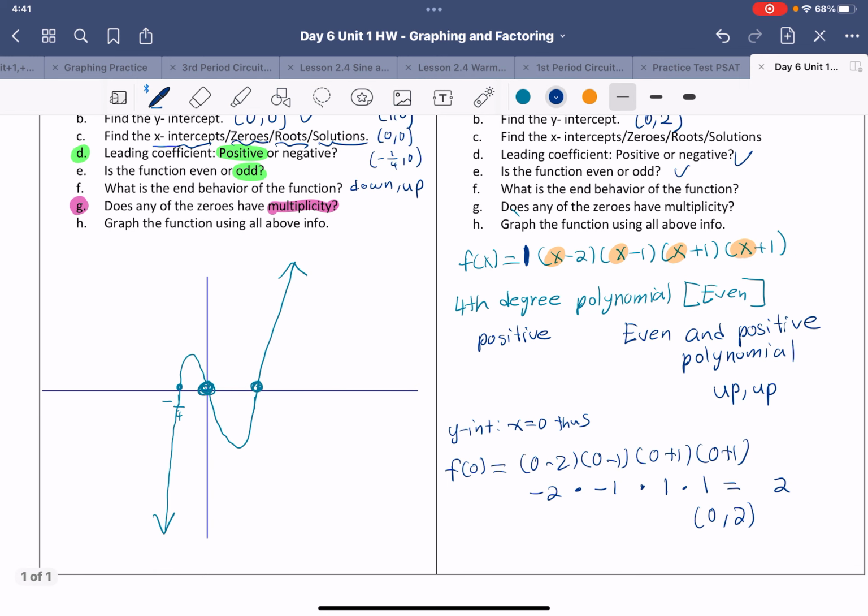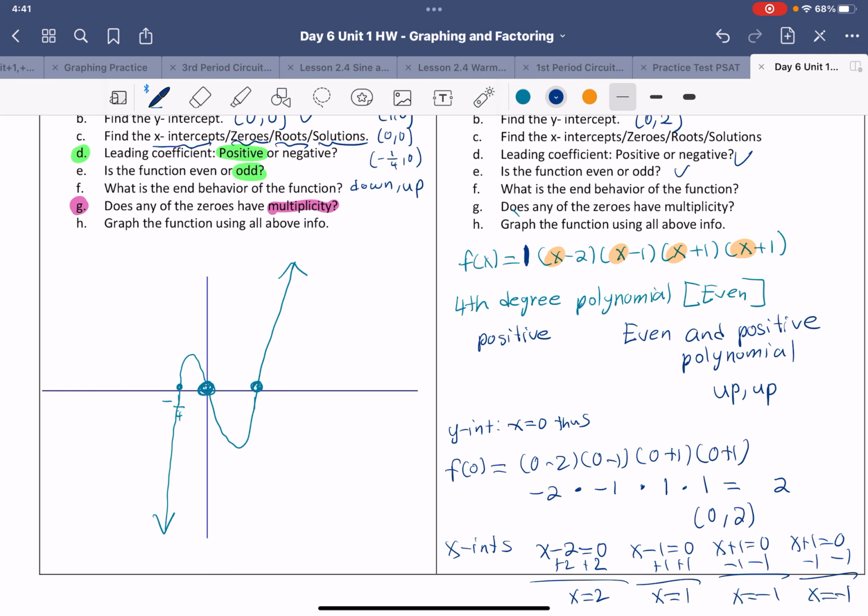All right. X-intercepts. This form is so nice, everybody, because everything is factored. So you just take all the factors and you set them equal to 0. So you get x equals 2, x equals 1, x equals negative 1, x equals negative 1.